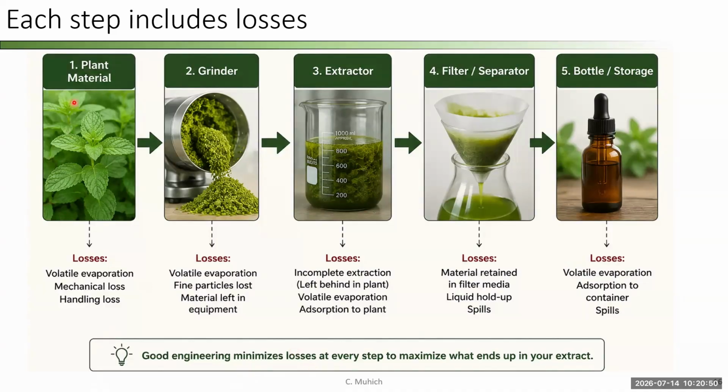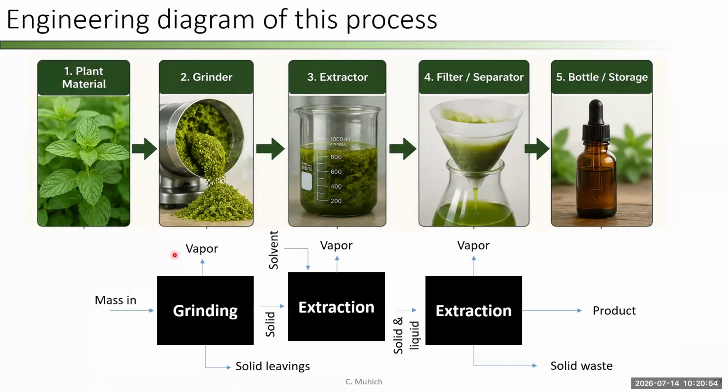Okay, so now that we've talked about these different losses, we can think about this in terms of these black box process flow diagrams, which is what this is called, a sort of block diagram, that is going to represent these steps. So we can take grinding, consider that a unit operation.